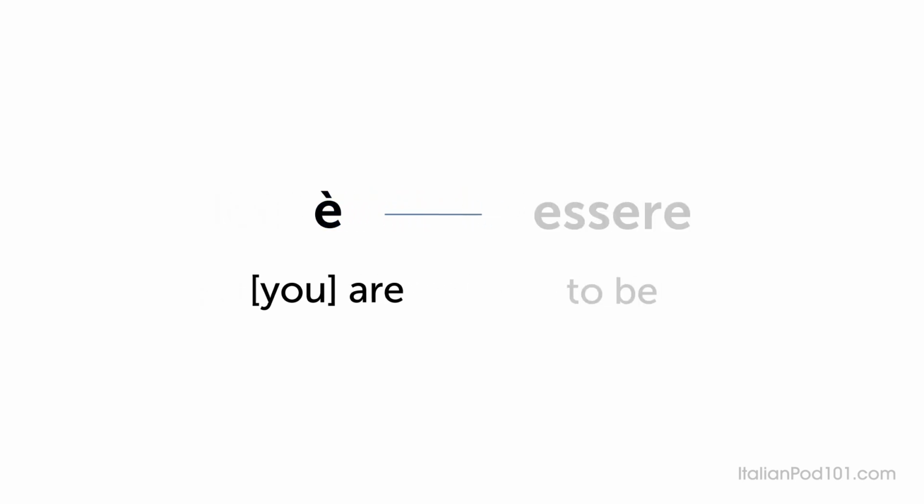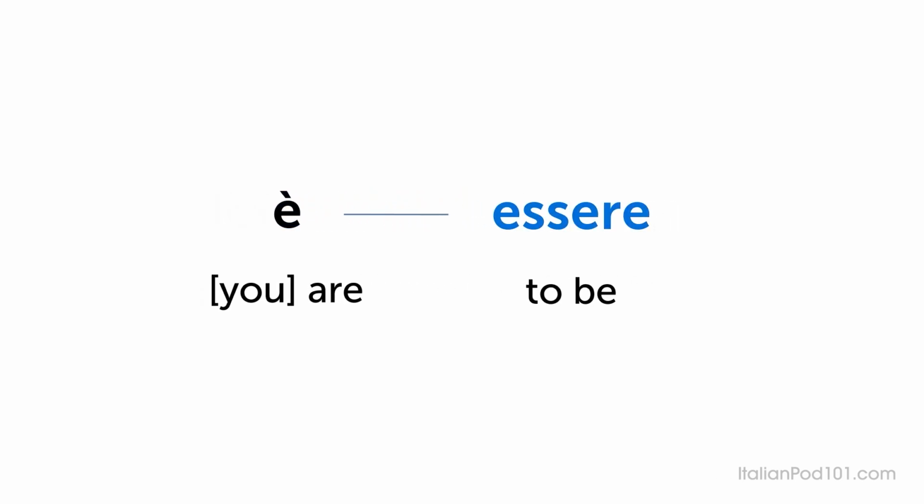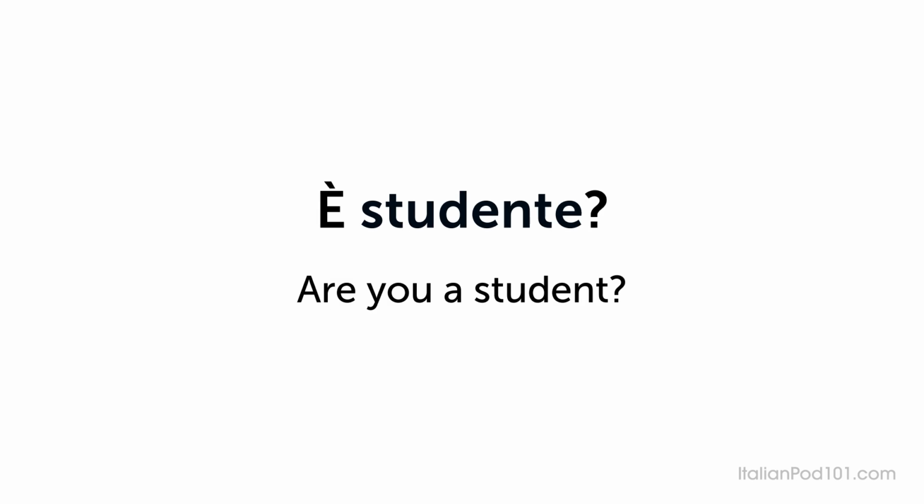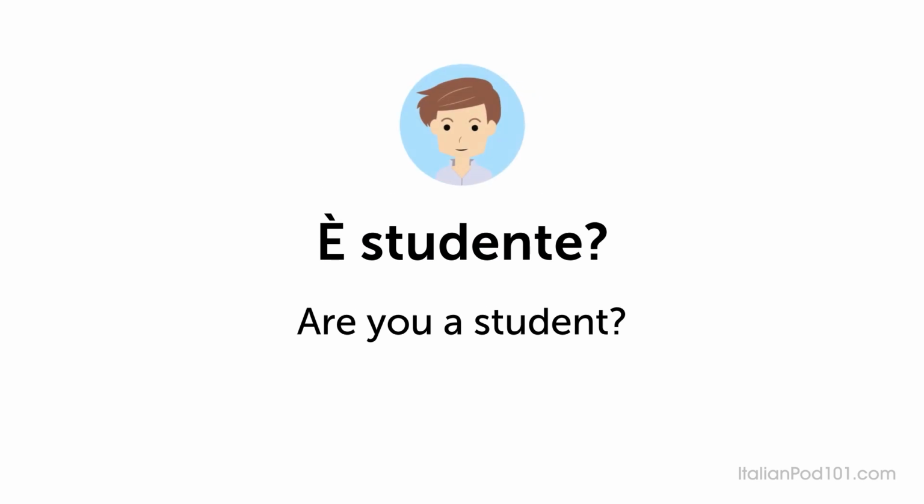È is from the verb Essere, meaning to be. Next is Studente, student. In Italian, all nouns have grammatical gender and are either singular or plural. Studente is masculine singular. Altogether, È studente? Are you a student?